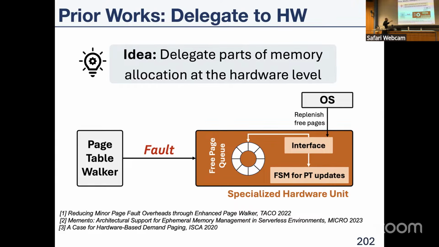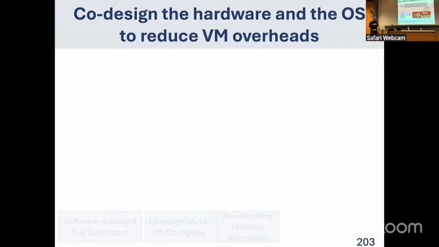Instead of trapping to the OS that performs the memory allocation and gives me a page, I simply have the OS run a daemon that replenishes the 3 pages at the hardware level. This way, I do not need to stop my application. I just satisfy the fault at the hardware level. And there are many works that propose such approaches.